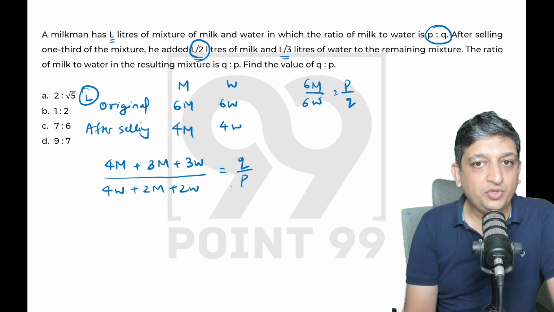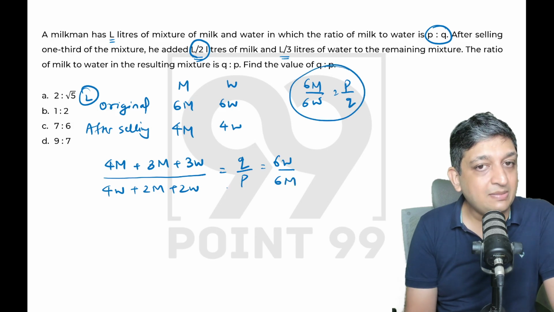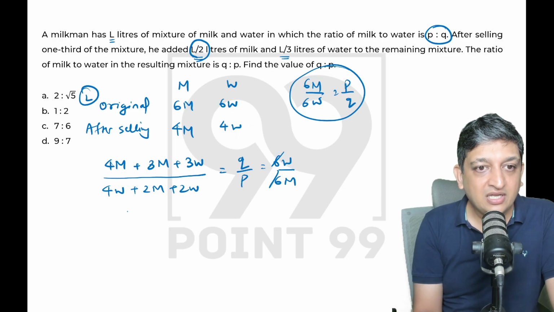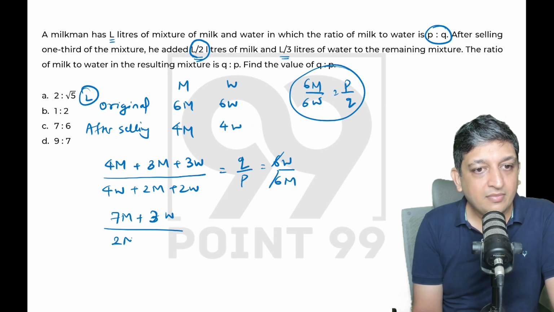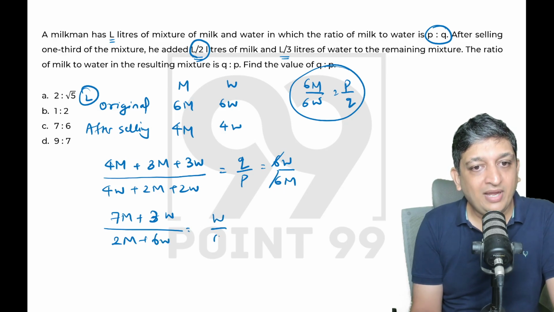Now if this is equal to Q by P, can we say that this is going to be equal to 6w by 6m, because P by Q was 6m by 6w. Now of course this 6 will get cancelled out, and what will we be left with? 4m plus 3m is 7m plus 3w, I'm so sorry, plus 3w divided by 2m plus 6w. This is going to be equal to w by m.